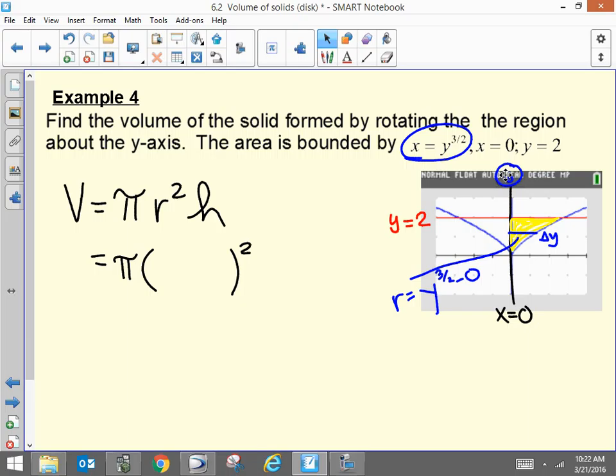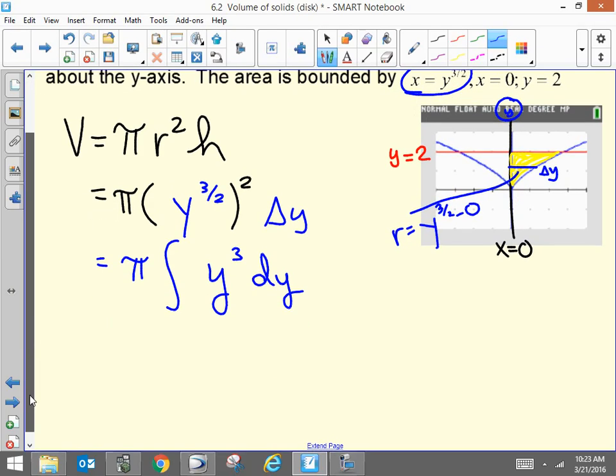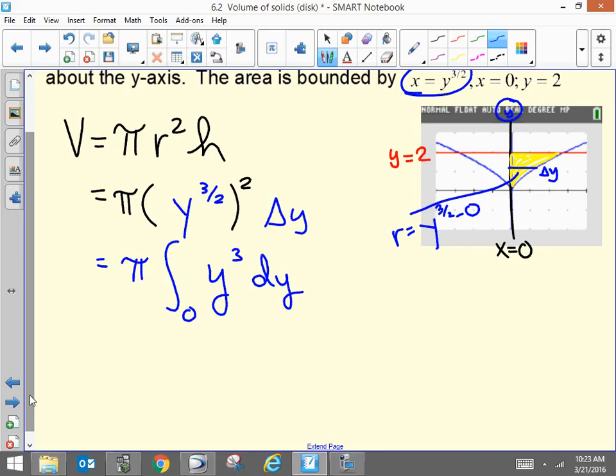We have to be perpendicular to the axis of rotation. So my r is really y to the 3/2, right? Change in y. So what is y to the 3/2 squared? Y to the 3rd. And then our upper and lower bounds, 0 to 2.